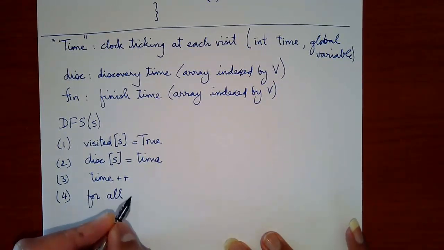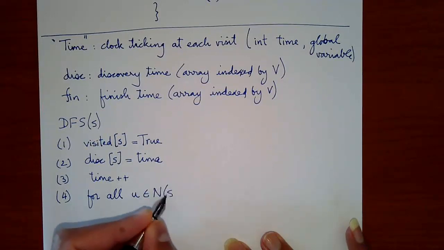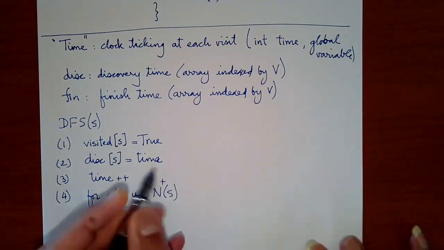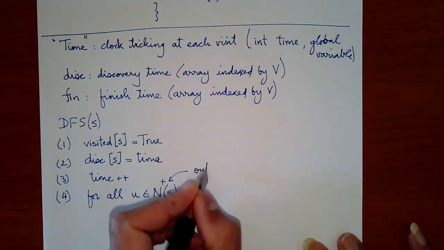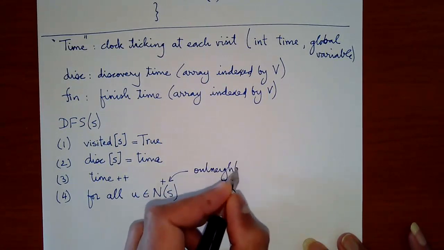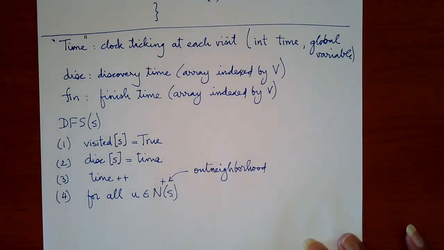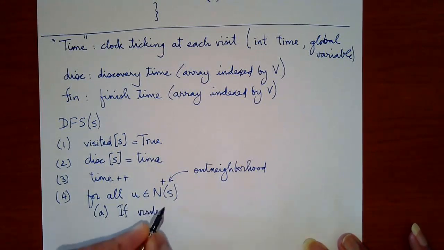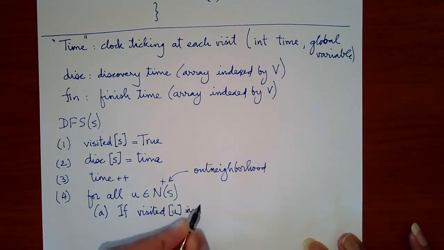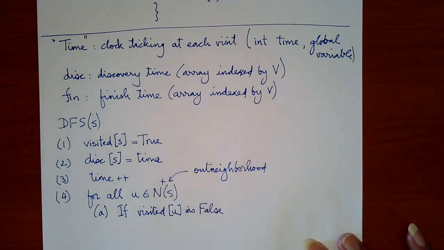Okay, now is our main loop. So for all vertices u in the neighborhood of S, and I'm going to say N plus, remember, because this is the out neighborhood, if visited of u is false, so the vertex has not been visited, then we do our usual.